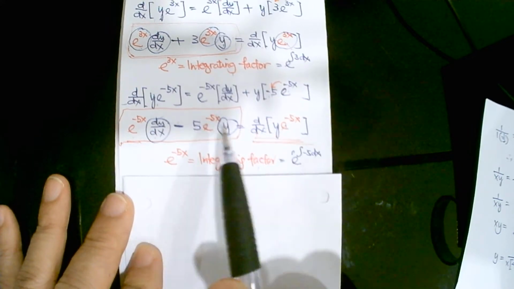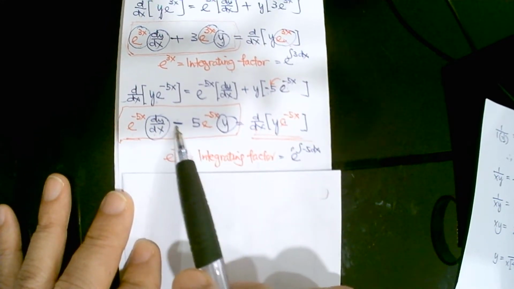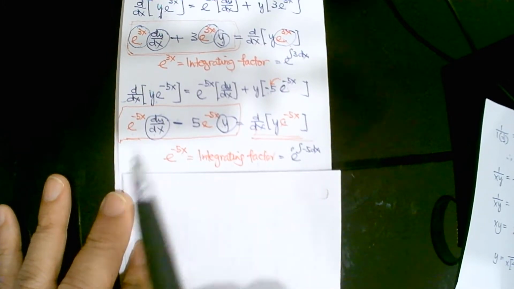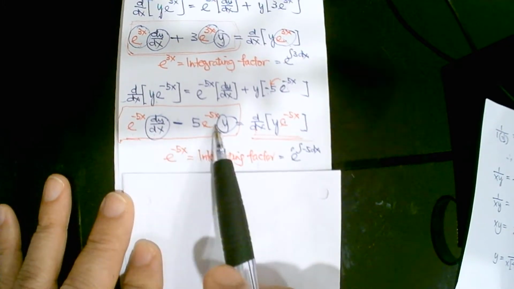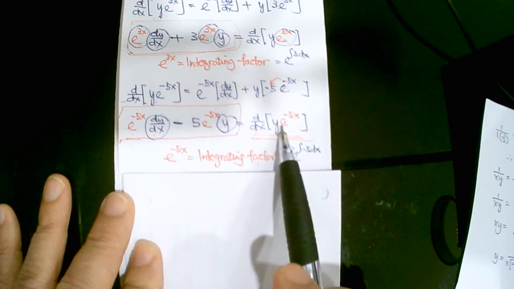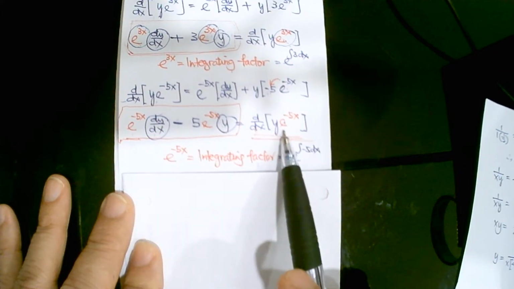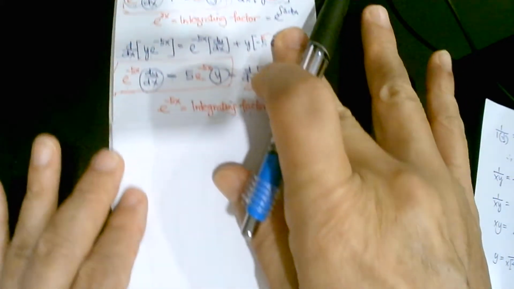How do you get this integrating factor? By integrating the negative 5. I have two terms here, and I can combine them into one term.